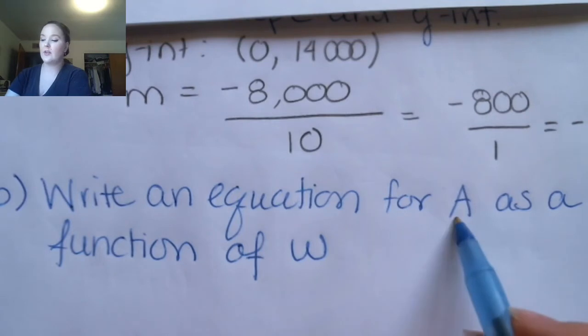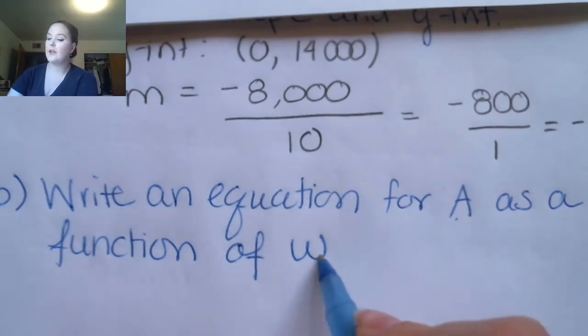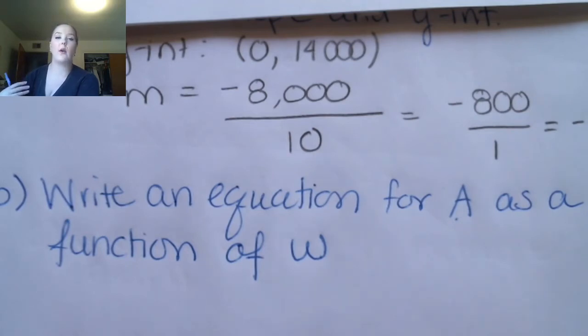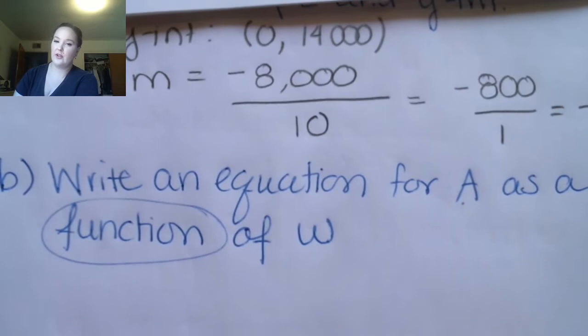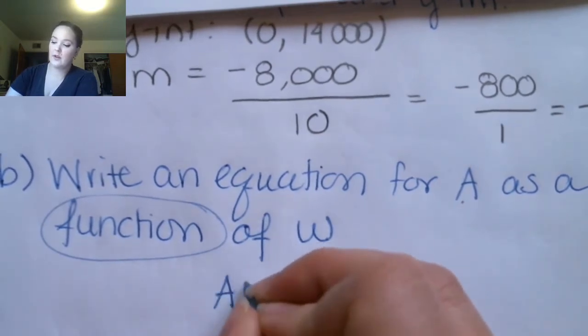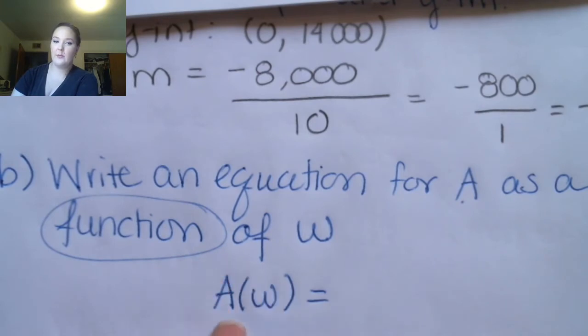So this is telling us that a is our output variable, that's our y-type variable, and w is going to be our input variable or our x variable. Remember this means we're using function notation. So I'm going to use function notation here with my output variable a of w and my input w.